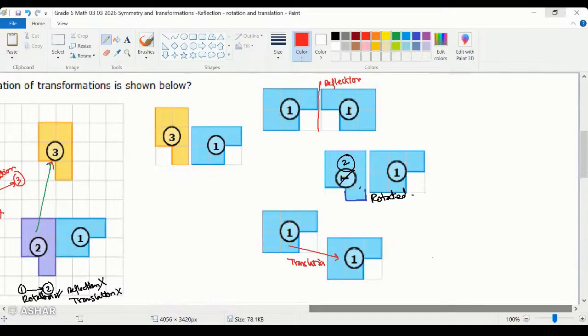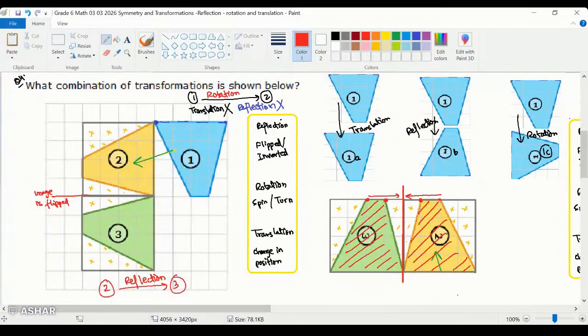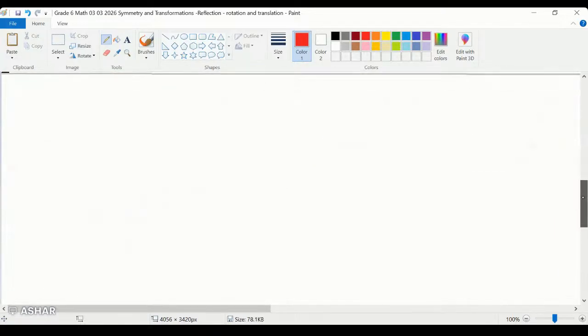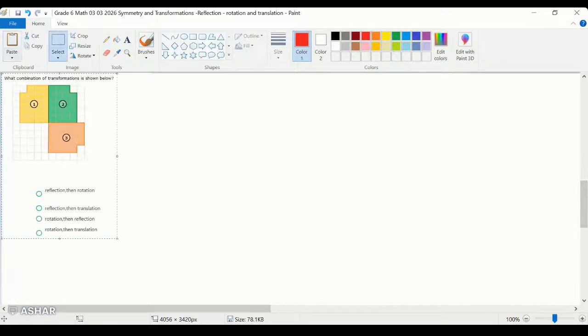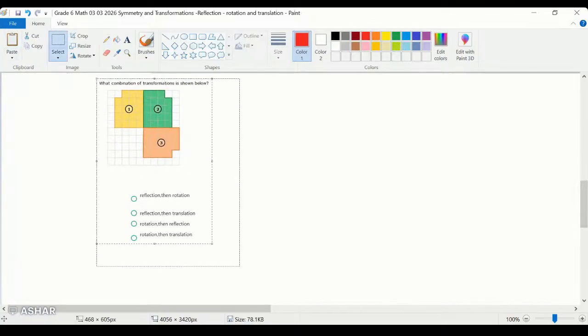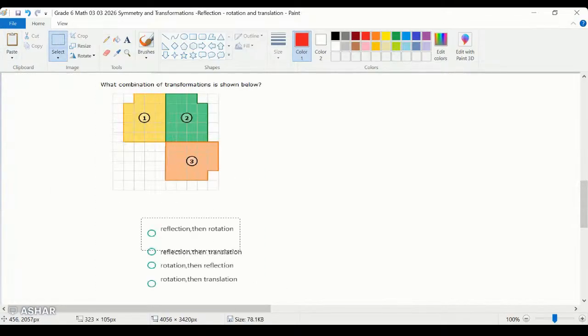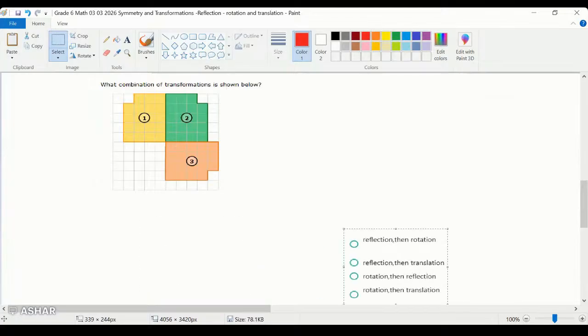For the first question from the test, they are saying, let me copy. They have given us this information, and they are asking us what combination is being followed over here.